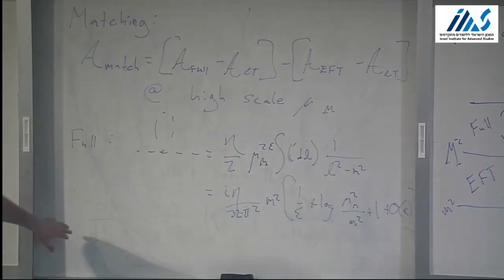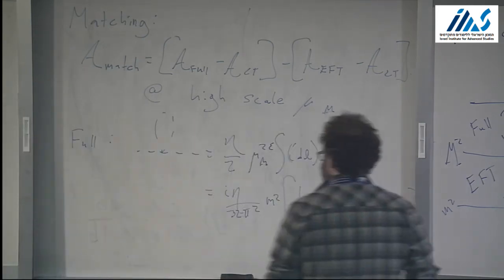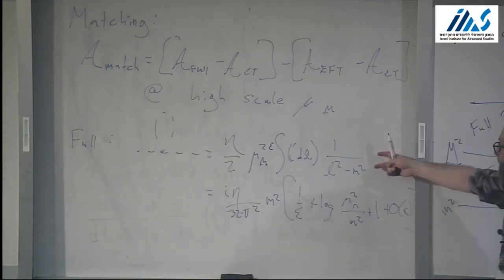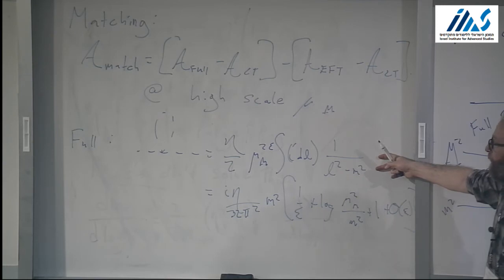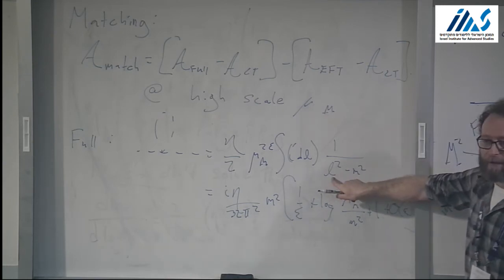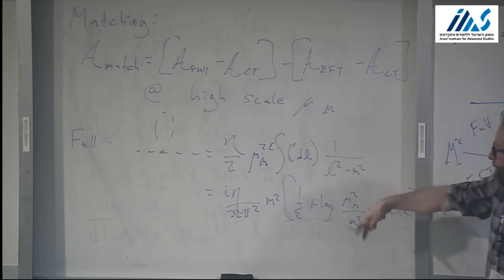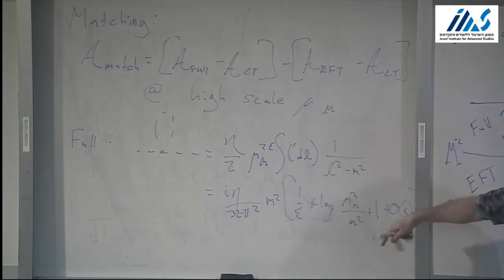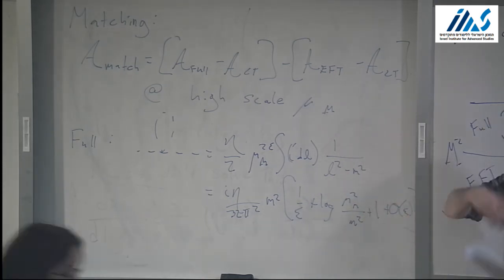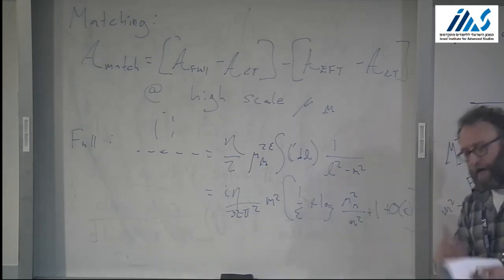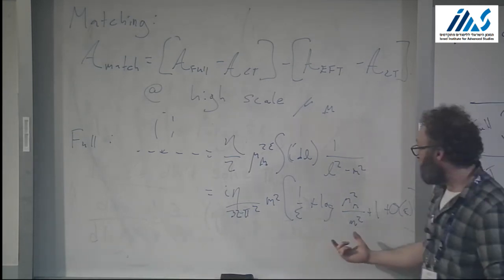Okay, so I wrote this out, right? In the other case, when we were doing the phi to the 4th corrections, I would have just had this denominator squared. I didn't bother writing this evaluation for you, and you had to combine the denominators with Feynman parameters, blah, blah, blah, right?